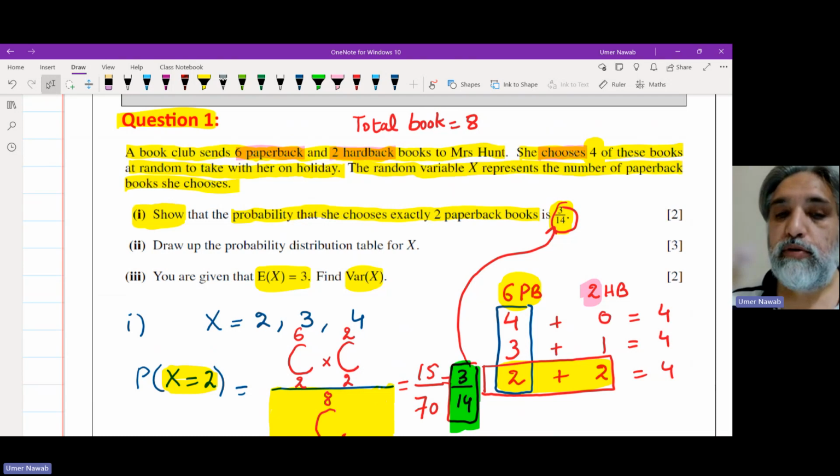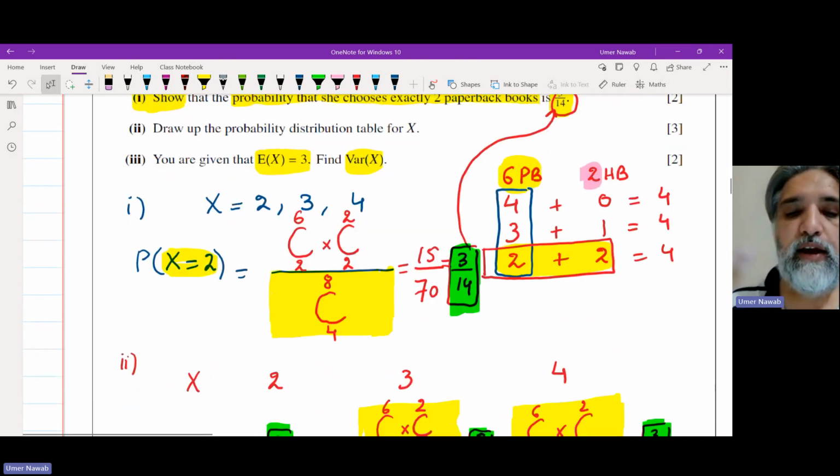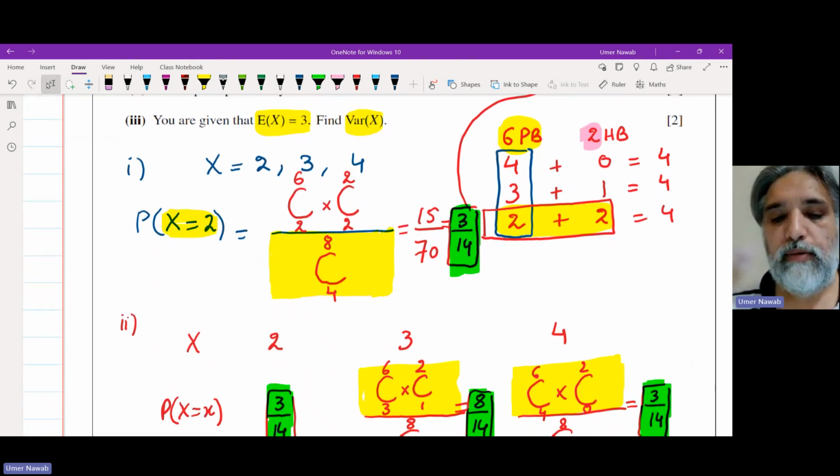The paperback books total 6, but my random variable for paperback books was 2, 3, or 4, as she was selecting only 4 books in total. So 3 cases were possible, and the random variable was assuming 2, 3, and 4. And then I wrote the 3 corresponding probabilities.